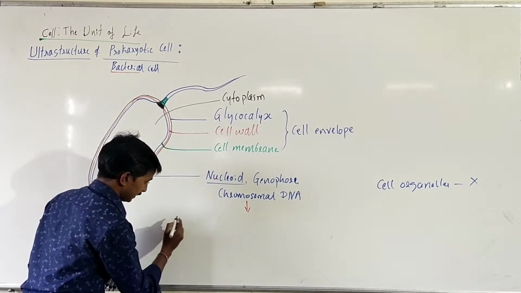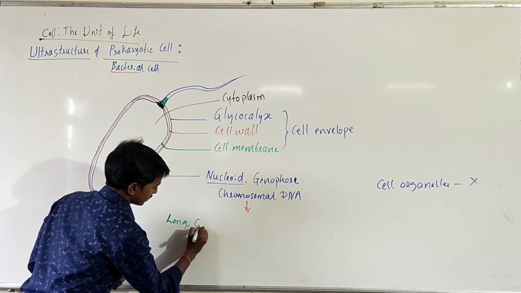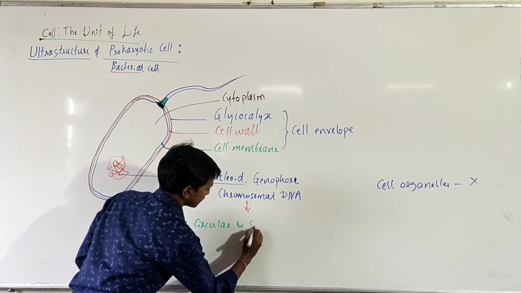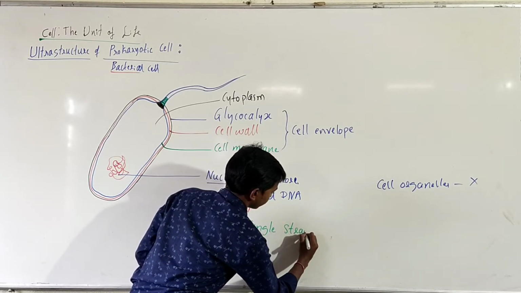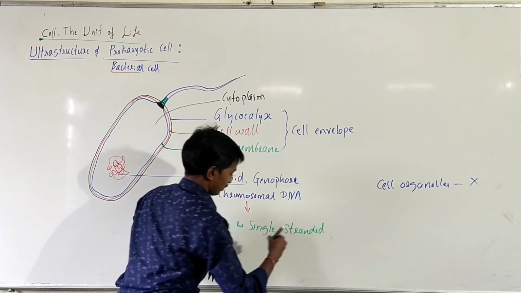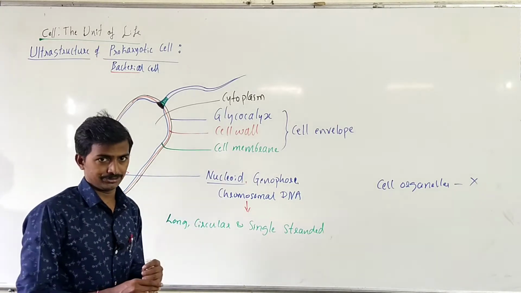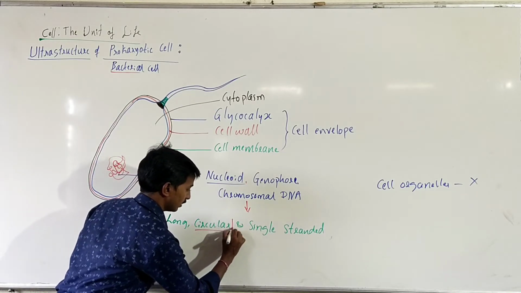Here, the DNA is long, circular, and single stranded. Long means it has more length. Then what is the meaning of circular here?